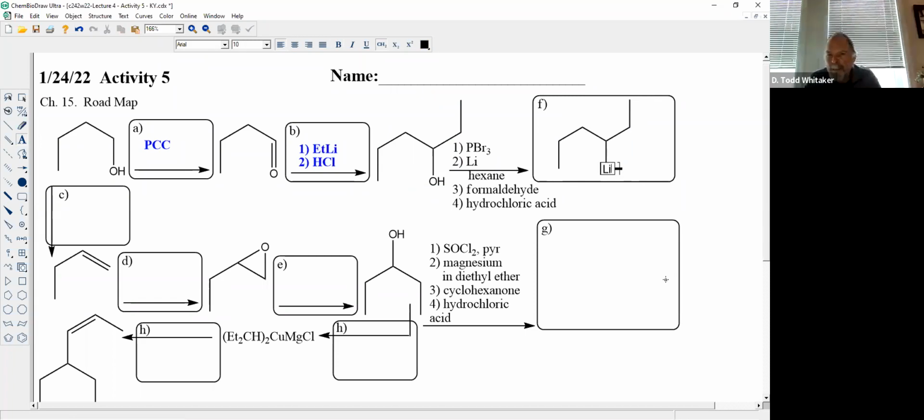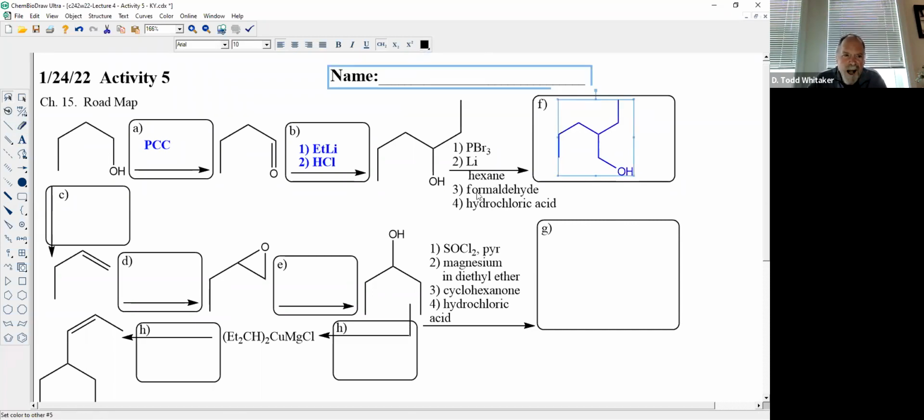Step 3, formaldehyde, which is the simplest aldehyde. 1 carbon gets attacked, and you get a CH2 attached to an O-. Do not copy that. It's only the result of step 3. I'm going to put OH because step 4 converts O- to OH. There's your molecule. Fit it in the box.